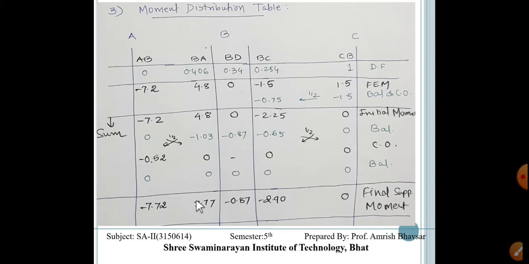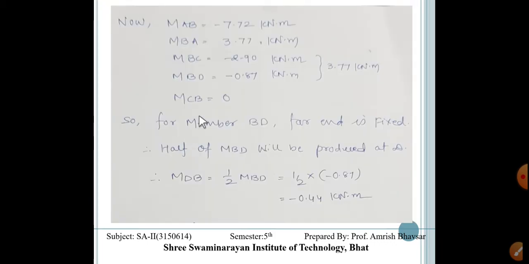So MAB is minus 7.72 kilonewton meter, MBA is 3.77 kilonewton meter, MBC is minus 2.90 kilonewton meter, and MBD is minus 0.87.